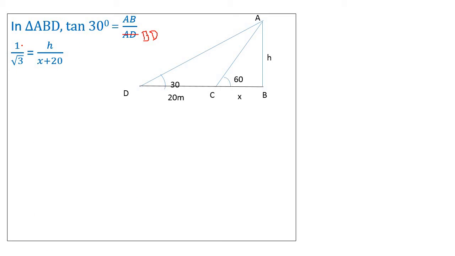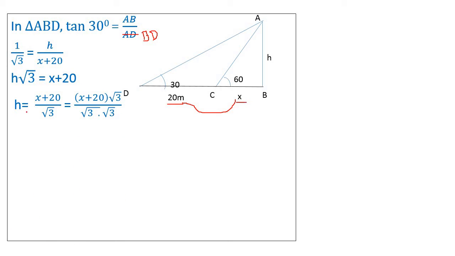Tan 30 is 1 by root 3, that is equal to AB, the height, divided by BD, which is x plus 20. So we have to add the distance x plus 20. Multiply here h into root 3, h root 3 is equal to x plus 20. H is equal to x plus 20 divided by root 3.